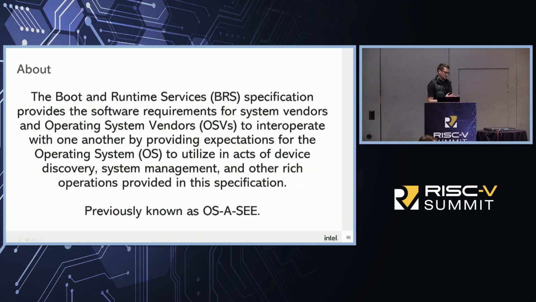So this effort was previously known as the OS-A SE. It's a bit of a mouthful, so after much deliberation, we have renamed this to the Boot and Runtime Services Specification. So the Boot and Runtime Services Specification talks about OS observable behavior relating to booting the operating system and describing the system, and the target audience are operating system vendors, right?